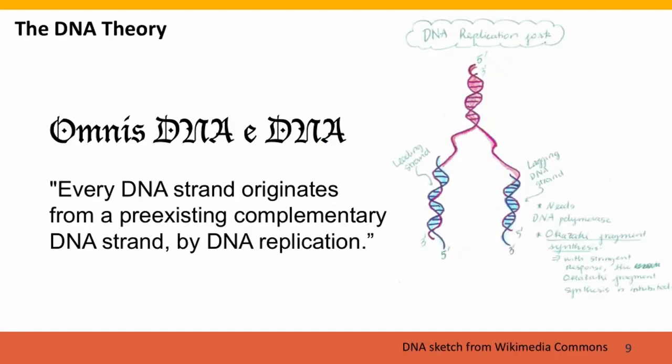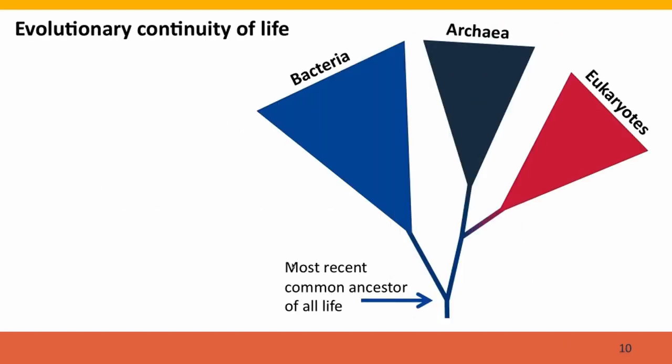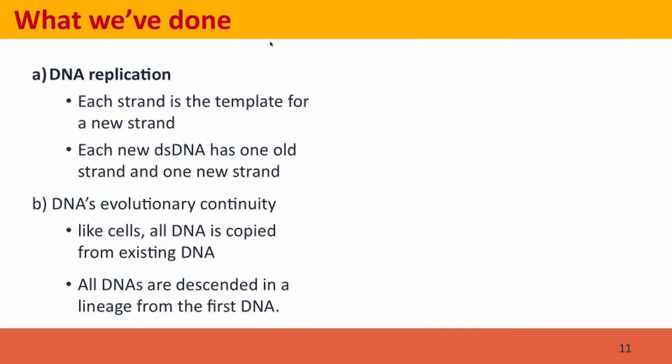This is also true of DNA. Every DNA strand, as far as we know, originates by DNA replication using a pre-existing strand as a template. So this means that when we look at this picture, the big tree, it's also a tree showing the evolutionary continuity of DNA.